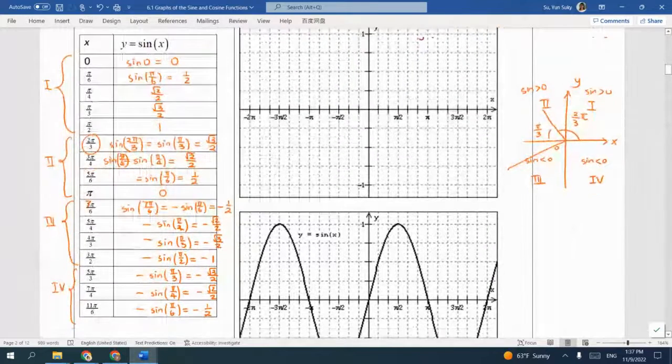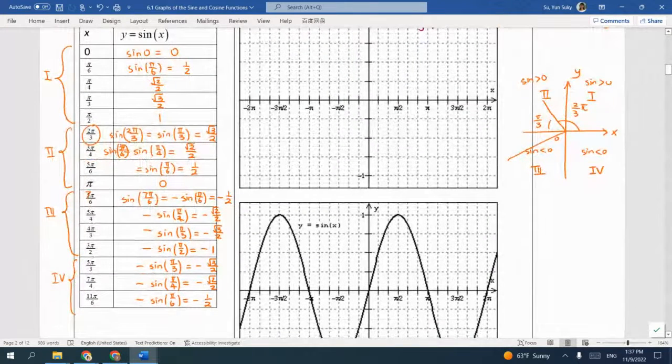So we figure out these numbers. Now we plot them on the graph. Okay? When x is 0, we get 0. So 0, 0. So this is pi, and pi over 6, we divide it into 6 pieces. So this is pi over 6.